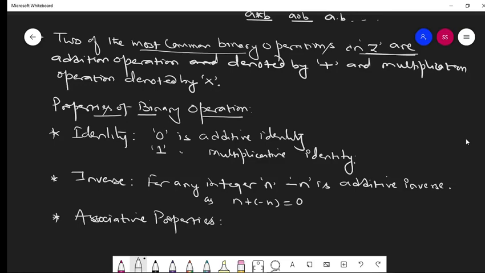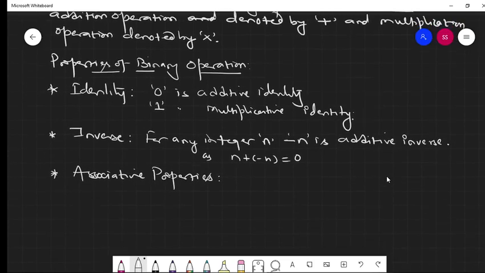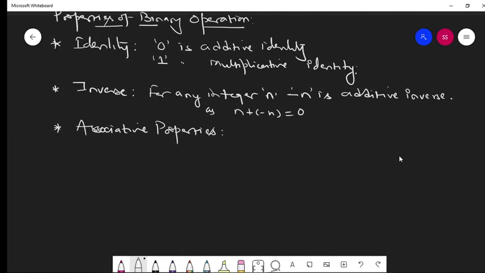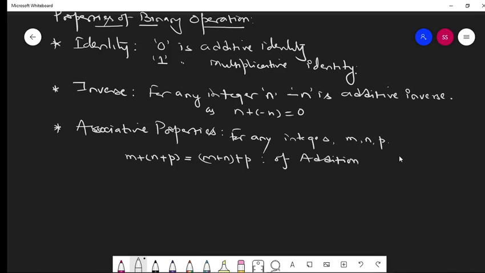In the associative property, for any integers m, n and p, (m plus n) plus p equals m plus (n plus p). This is the associative property of addition, and you get the same result.